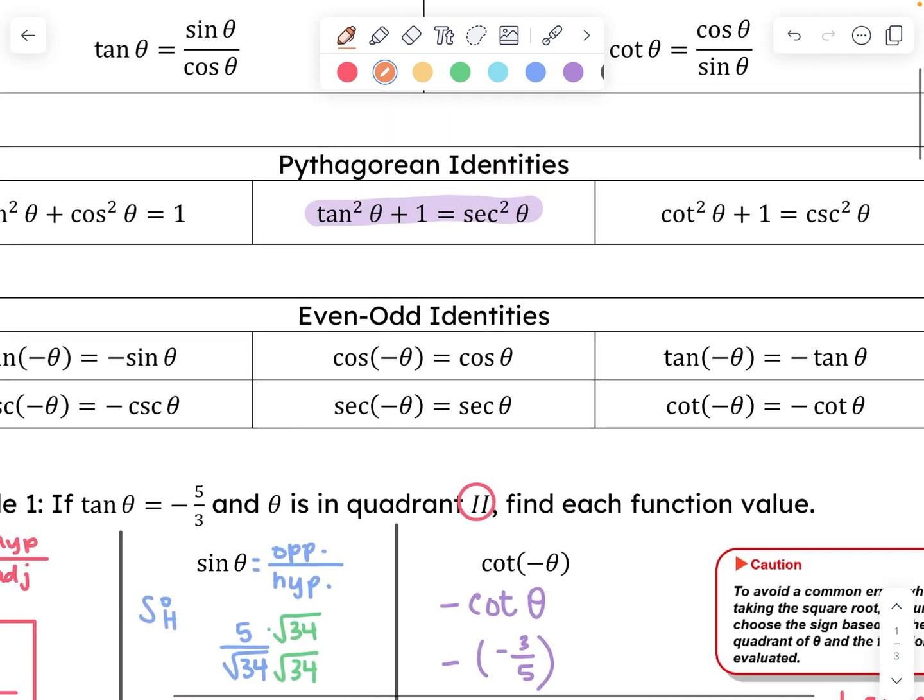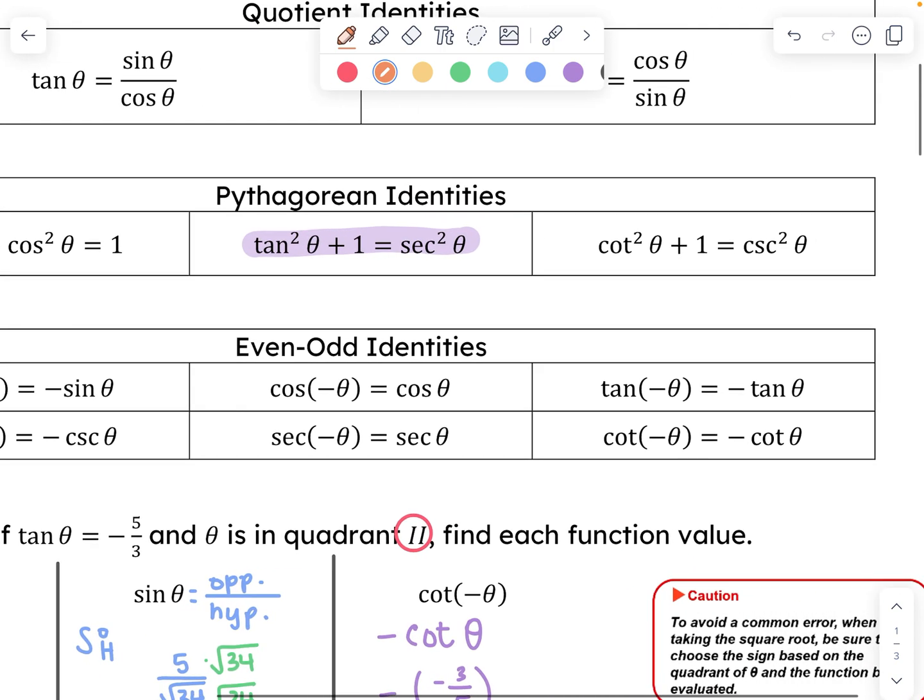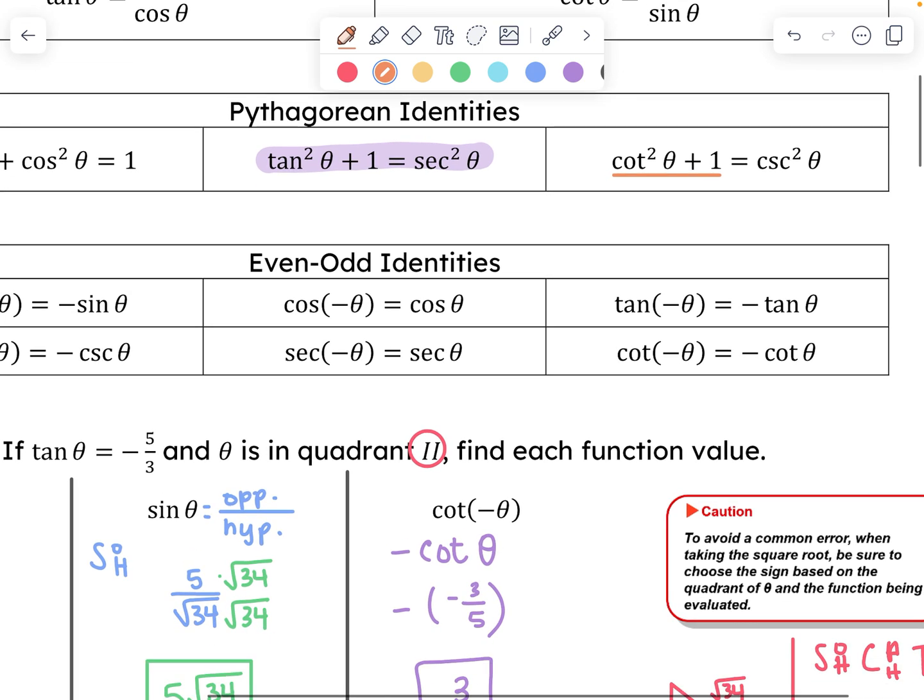If I look up here, I've got cotangent plus 1 is one of my Pythagorean identities. But if we're looking at the bottom, it was 1 minus cosecant, which is the same identity, just kind of jumbled a little bit. So let's rewrite that and see if we can make it match with the bottom.